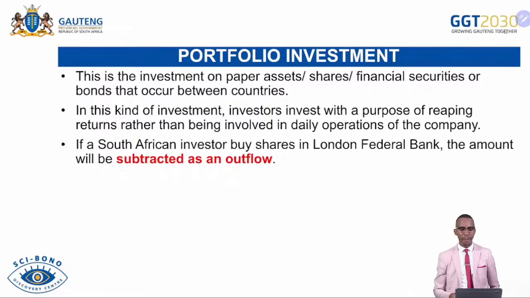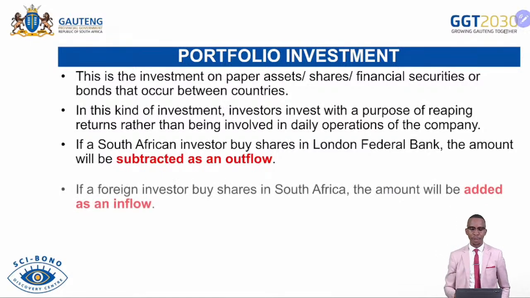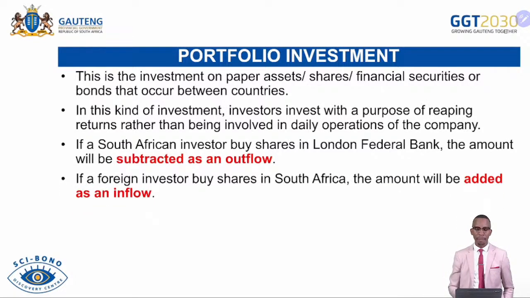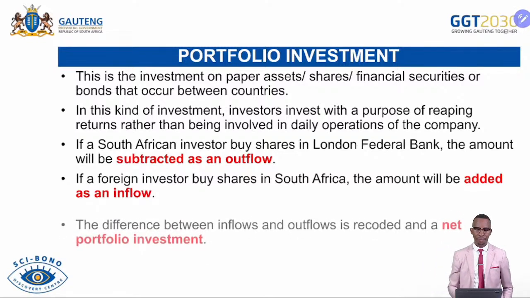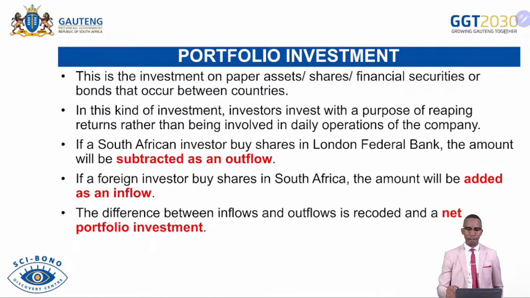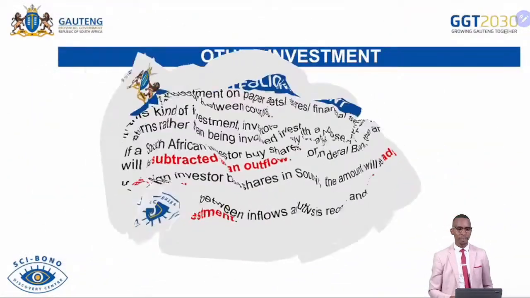If a South African investor buys shares in a London bank, the amount will be subtracted as an outflow, and that will be recorded as what? As an asset. If a foreign investor buys shares in the South African Reserve Bank, the amount will be added because it's an inflow, and then be recorded as what? As a liability. The difference between inflows and outflows is recorded as a net portfolio investment.